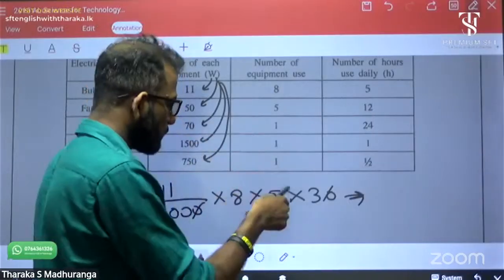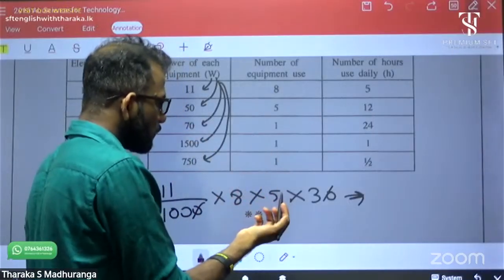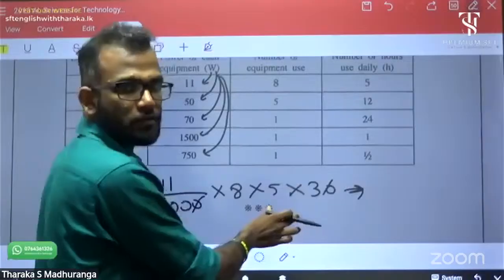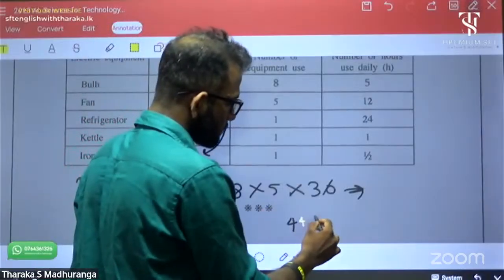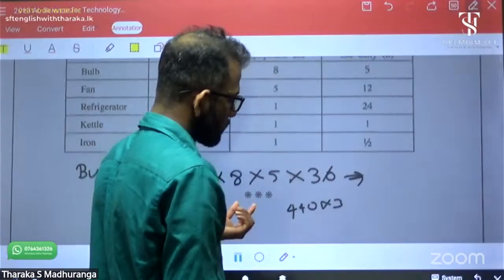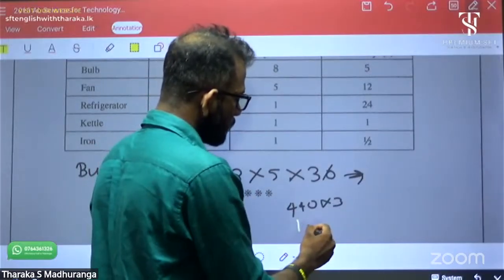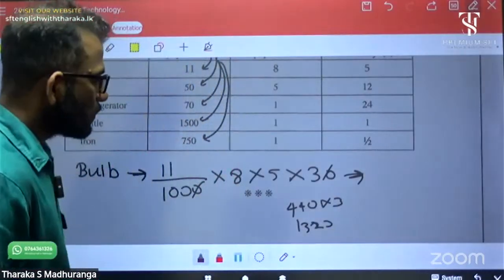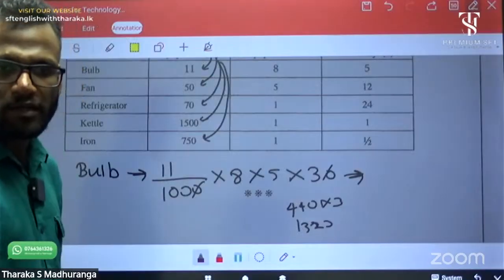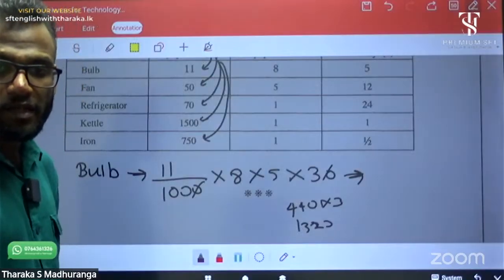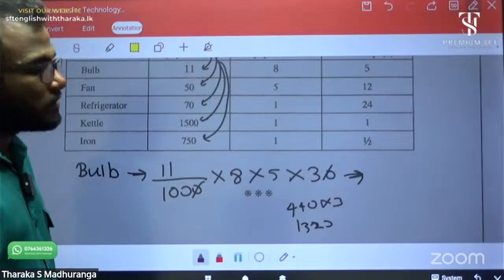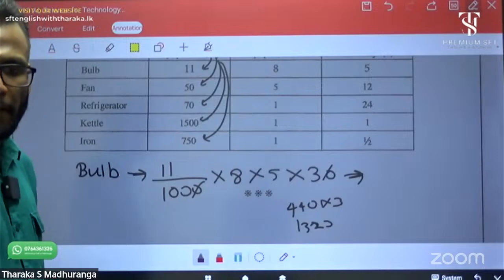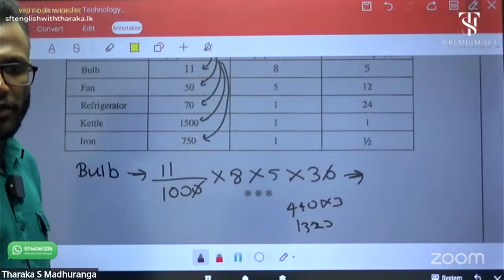Use a calculator and check my answers. 440 into 3 is 1320. 13.2, right? Please check. Am I correct? Is it 13.2?